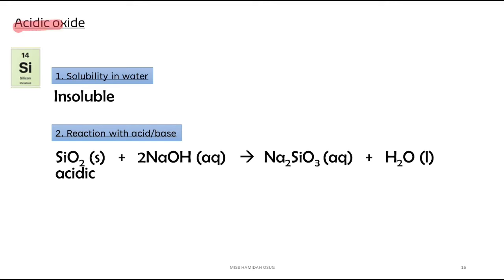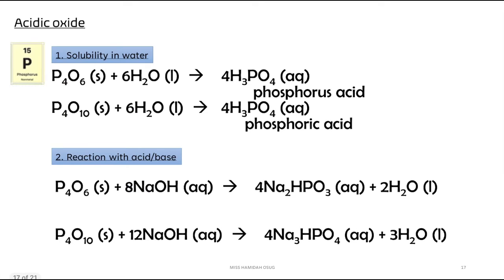Next, for silicon dioxide. Silicon dioxide is also insoluble in water, but when we check the reaction of silicon dioxide with the base, it will give the products salt and water. Meaning to say, silicon dioxide is an acidic oxide. Next, for phosphorus pentoxide and also phosphorus trioxide, when we dissolve them in water, they will form acidic solution, which is phosphorous acid and also phosphoric acid.